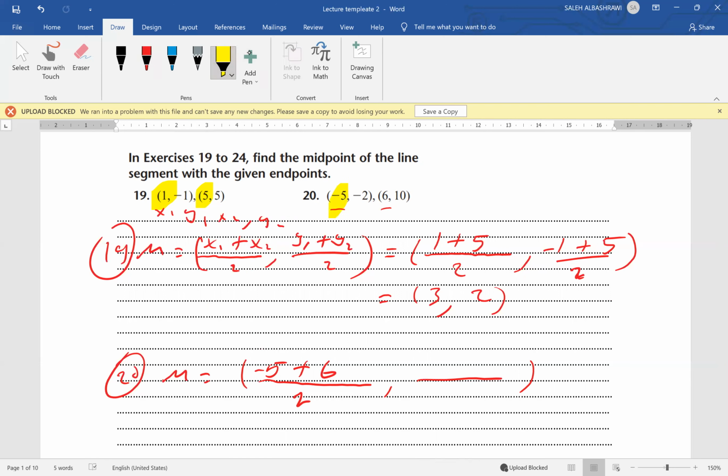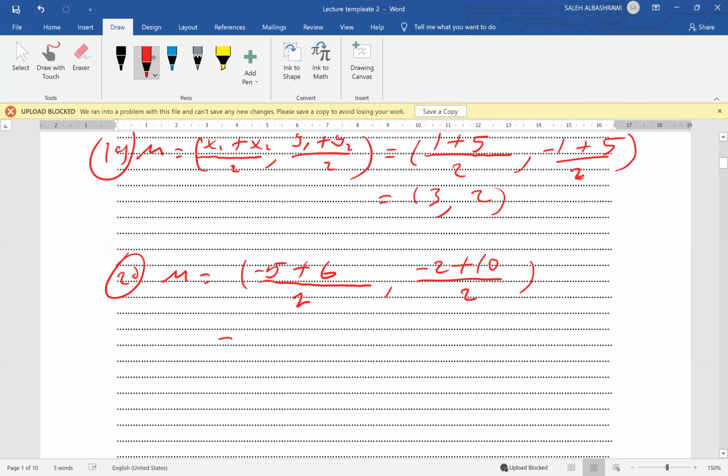Again, taking the first coordinate with the first coordinate. -5 plus 6 divided by 2, and -2 plus 10 divided by 2. That will give me -5 plus 6 is 1, divided by 2, which is 1/2. And the second coordinate will be -2 plus 10 is 8, divided by 2 is 4. So the midpoint is 1/2 and 4.